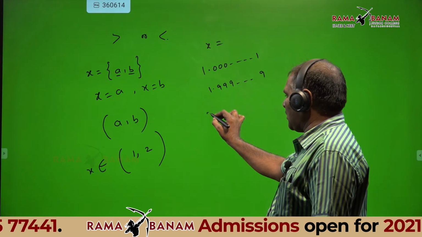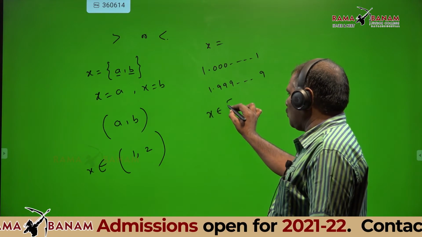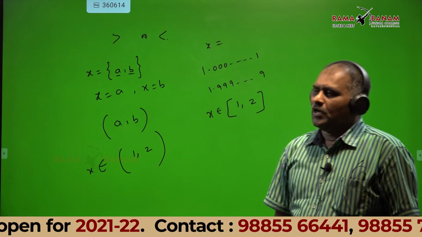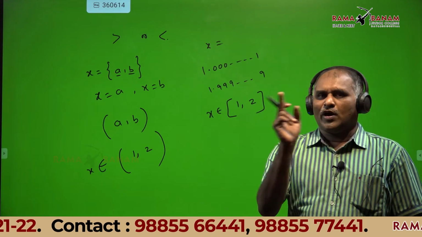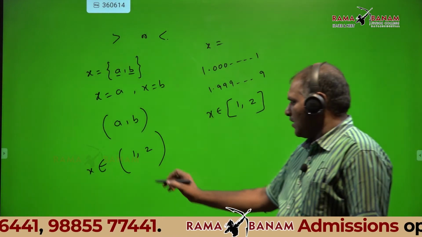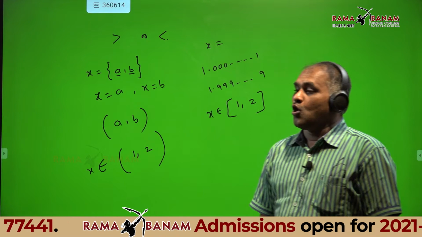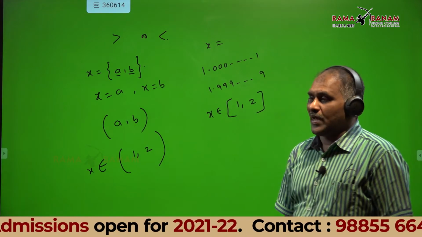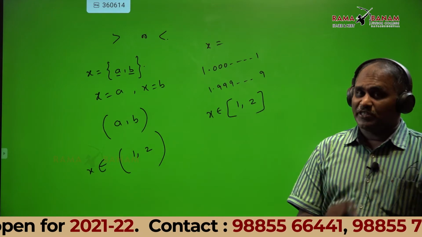What is the meaning of x belongs to the closed bracket of 1 to 2? Square brackets are called closed brackets, like you can use open brackets, and curly brackets are another kind. Just listen.